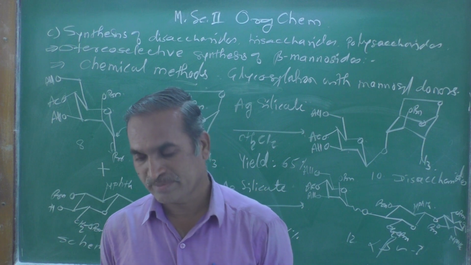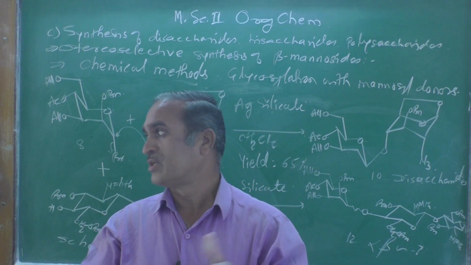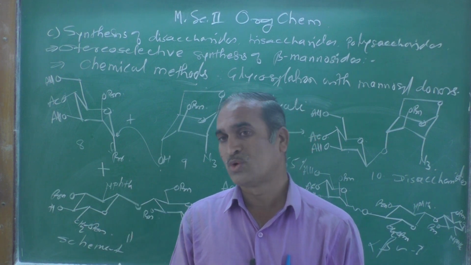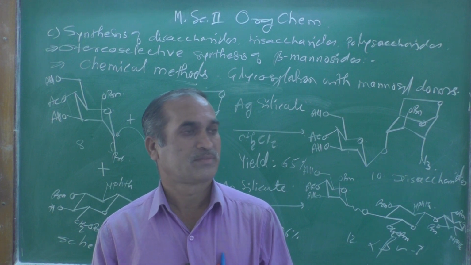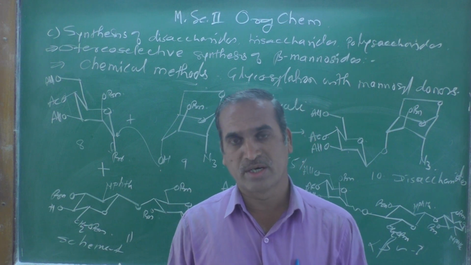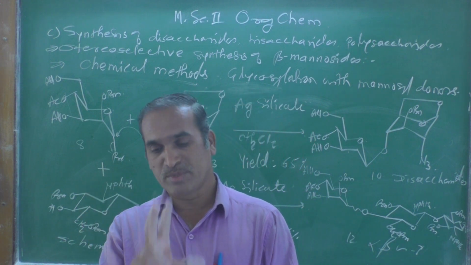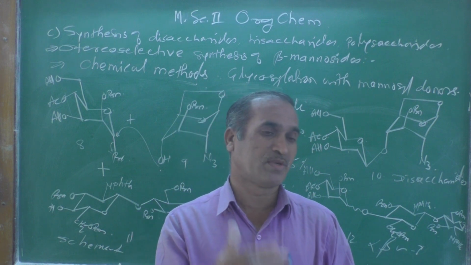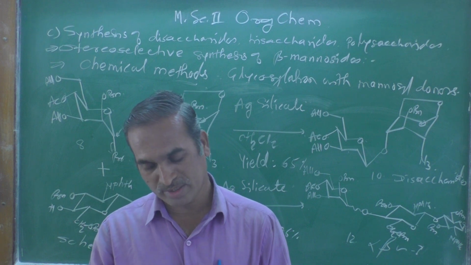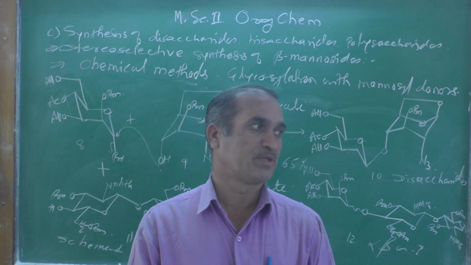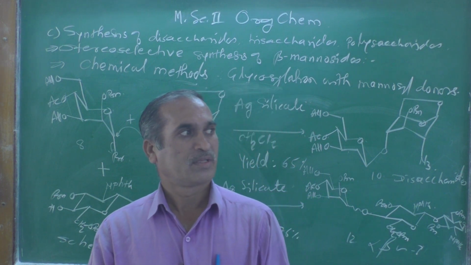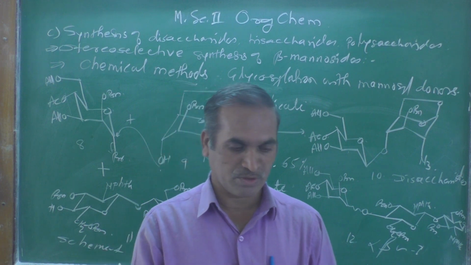So that way, whenever a glycosidic bond formation takes place, the approach of the nucleophile occurs according to an SN2 type of reaction, and here a mixture of alpha and beta is possible, but predominantly we are getting beta. So these are some of the prominent points you should remember as far as this is concerned.